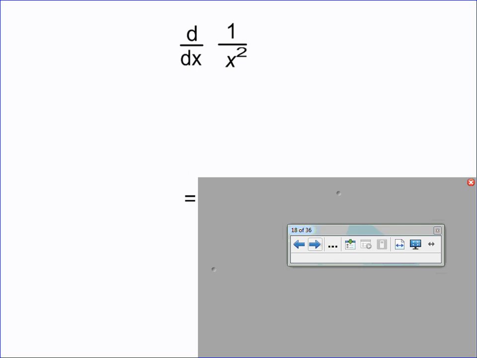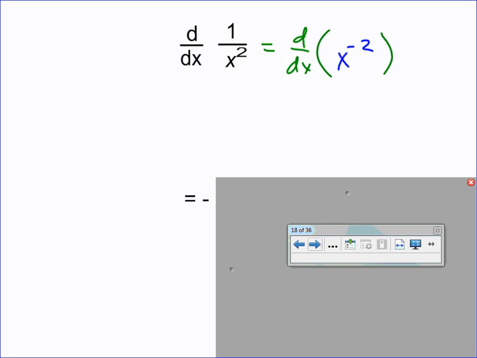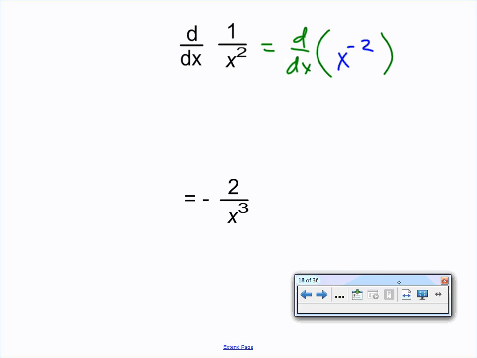Negative 2 over x cubed. Right, if we think about that as rewritten with a negative exponent, then it's easier to apply our power rule, which in turn would be rewritten as negative 2, and x to the negative 3 can be rewritten as 1 over x cubed.